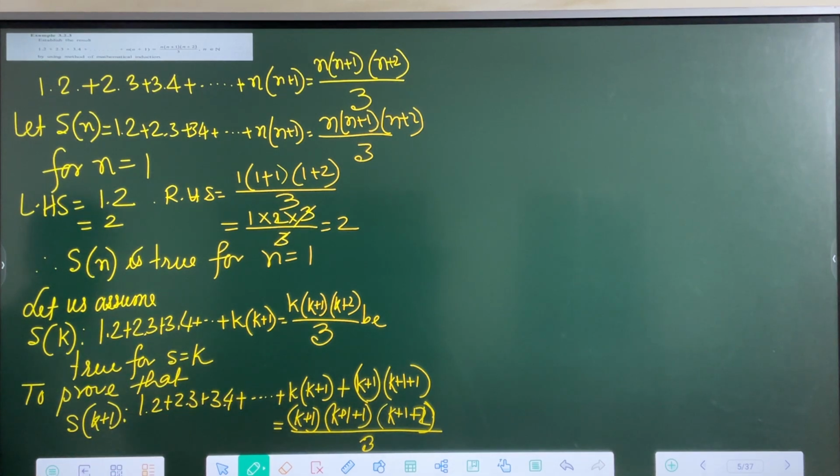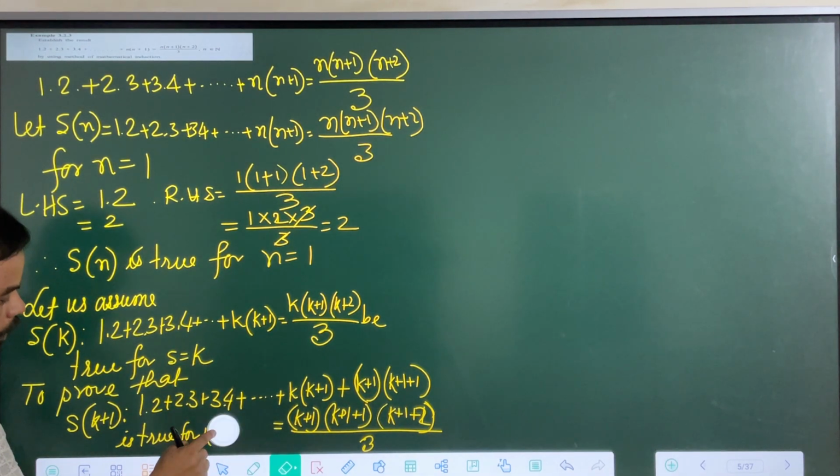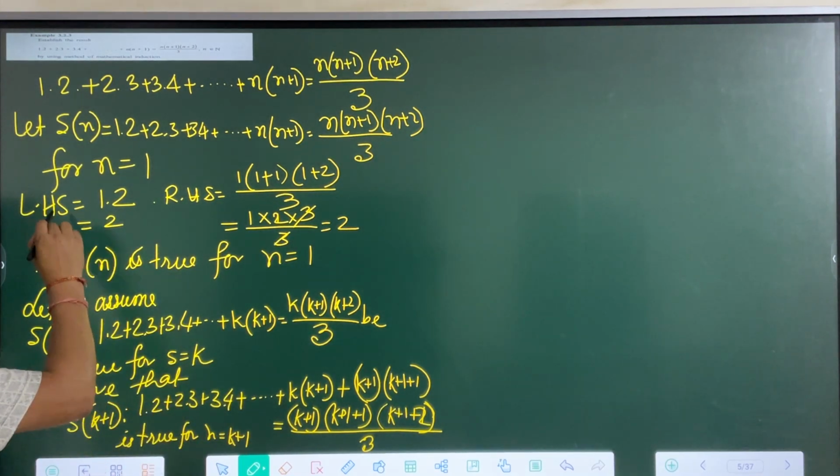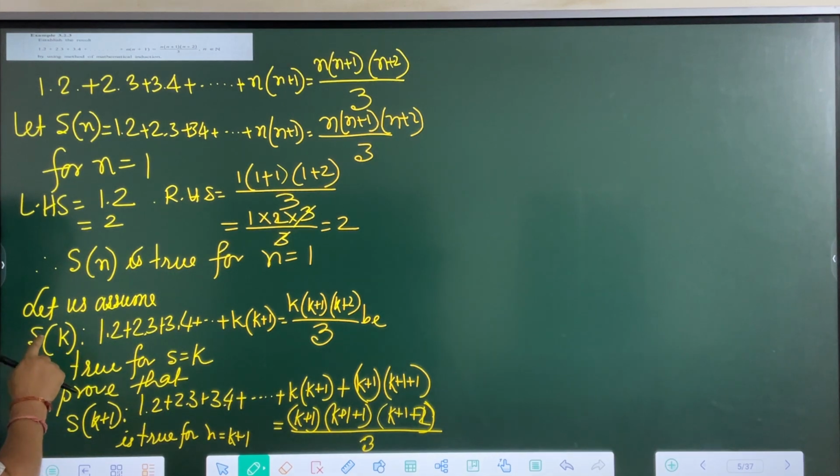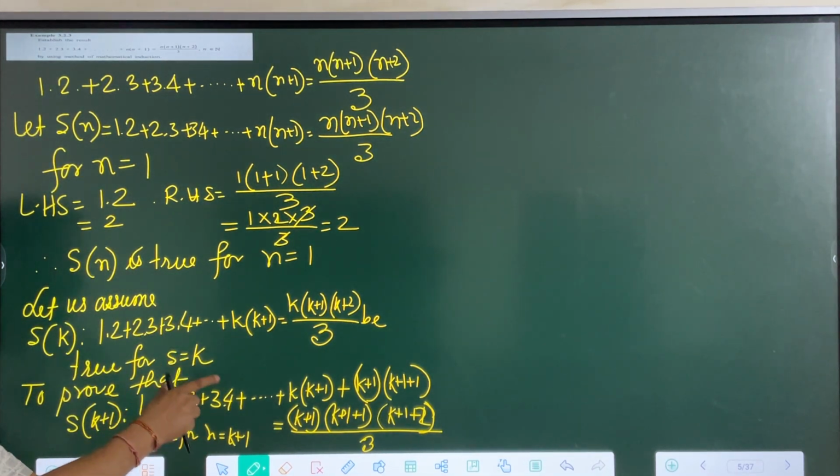To prove that Sn is true for n equals to k plus 1. N equals to 1 proved, n equals to k assumed, n equals to k plus 1 we will prove now. Left hand side.